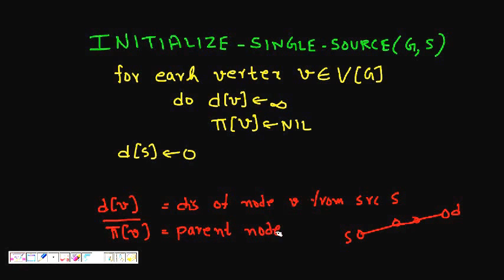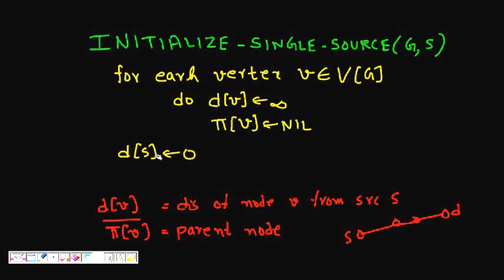In the initialization, when I am just starting to find the single source shortest path, for each vertex V in the set of all vertices, I don't know yet the shortest path, so I will make d of V infinity, and I don't know from where I will reach that node, so pi of V is nil.